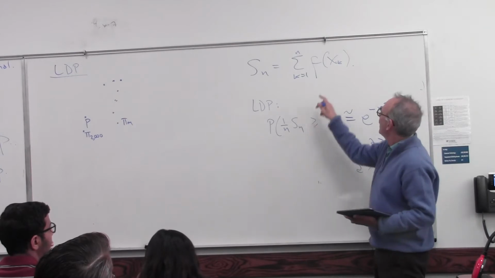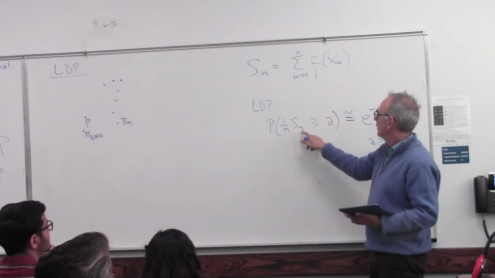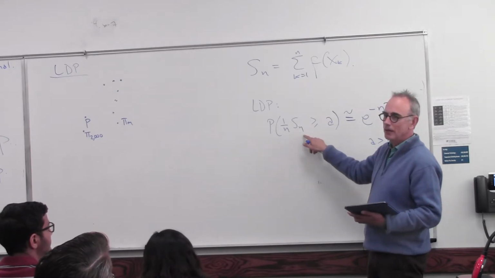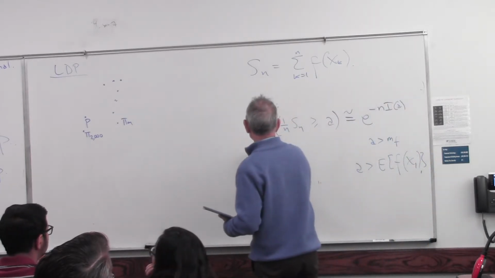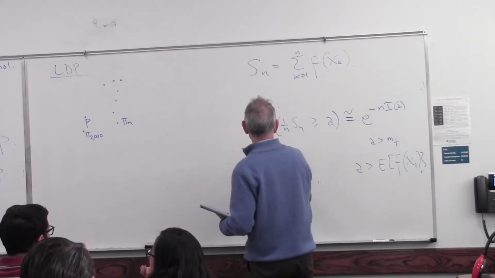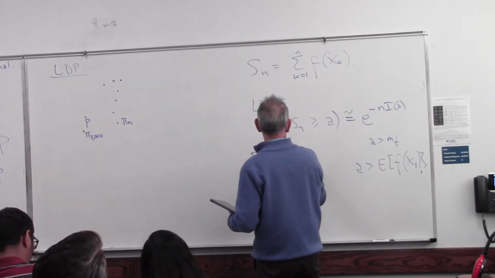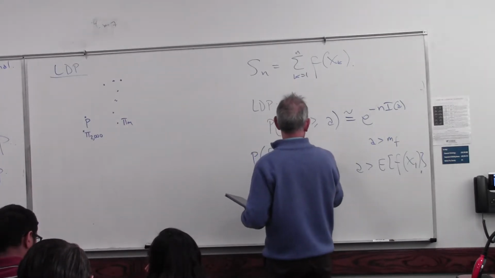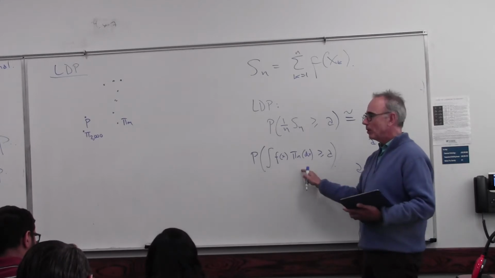So this is this average of these functions. But remember, this is just pi_n dotted with f. I've got a dot product.